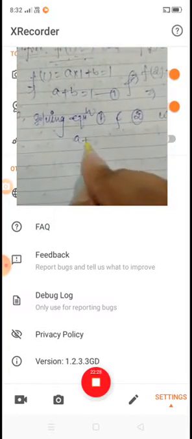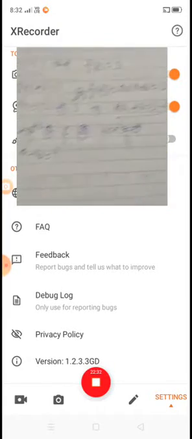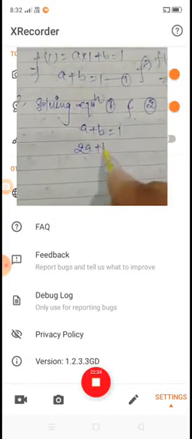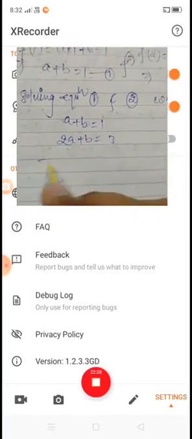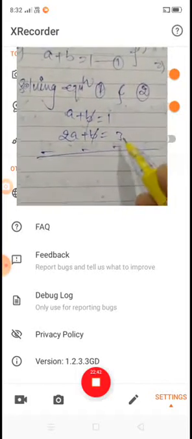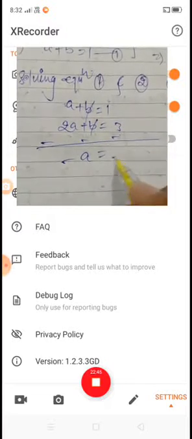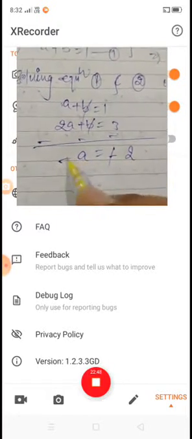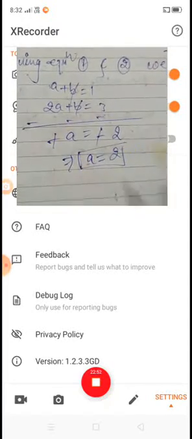Your first equation is a plus b is equal to 1 and another equation is 2a plus b is equal to 3, okay. Now plus b and minus b cancel out. Here we are left with minus a, here 1 minus 3 is minus 2, the minus signs cancel each other. So we have a is equal to 2, okay.